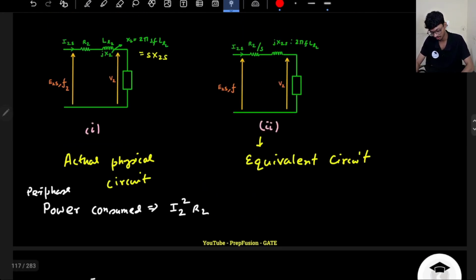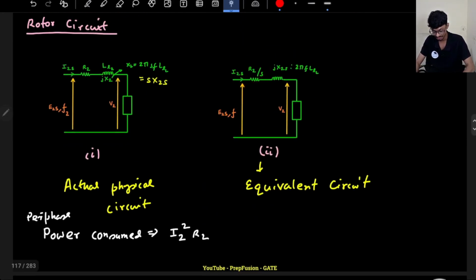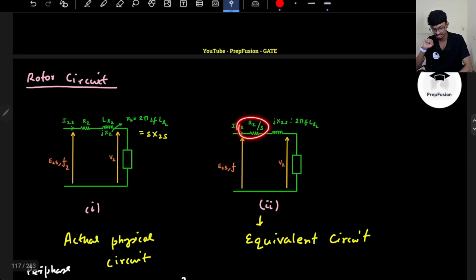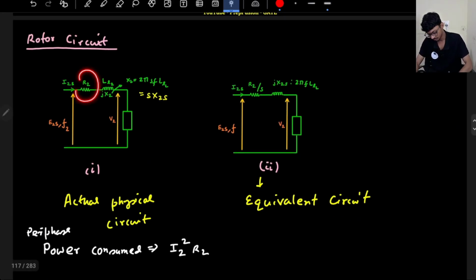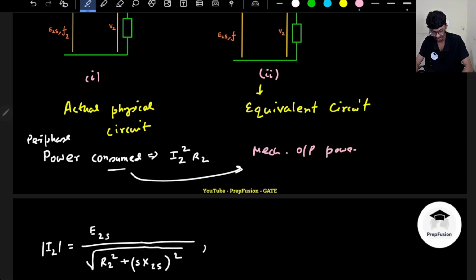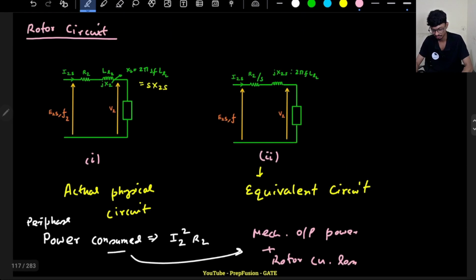If I just simply use the rotor resistance to be R2 by S, there is a mistake. This power is the mechanical power that I'm receiving at the output, including the winding losses as well. Whatever power input I'm giving here, this power consumed is a combination of both the mechanical output power that I will receive, which we will discuss in the next lecture, plus the rotor copper losses.